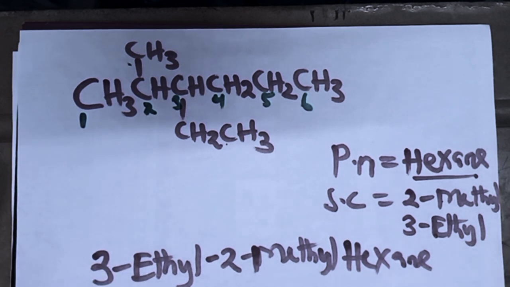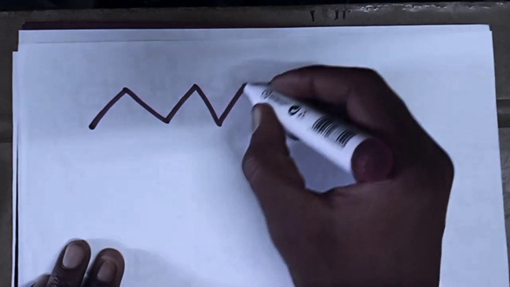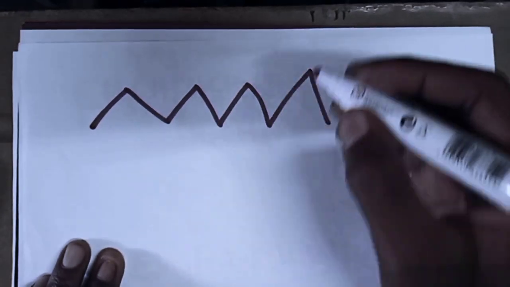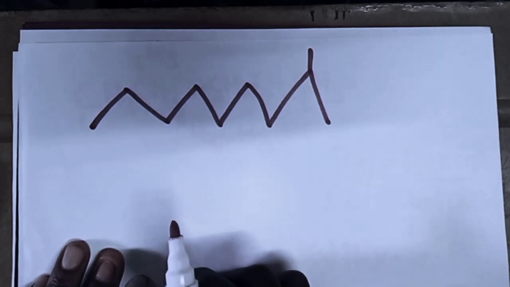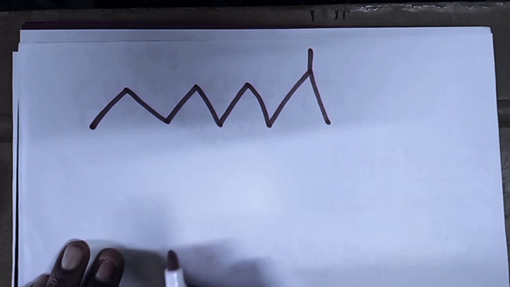Let us go to another example. The next example, we use a skeletal structure. What if we are given this? How do you name this structure? Let us follow the steps.